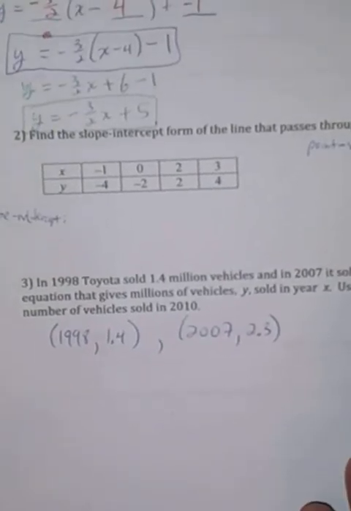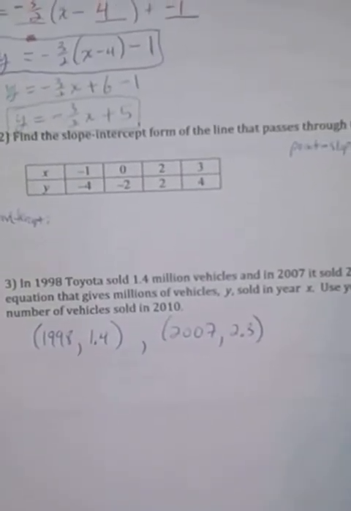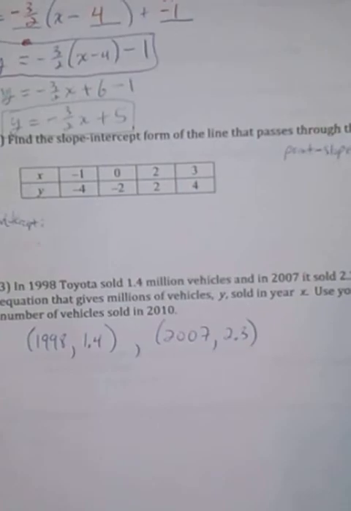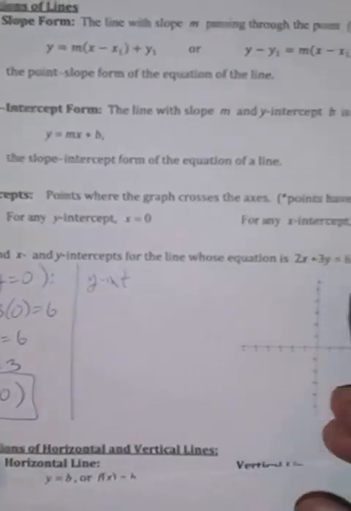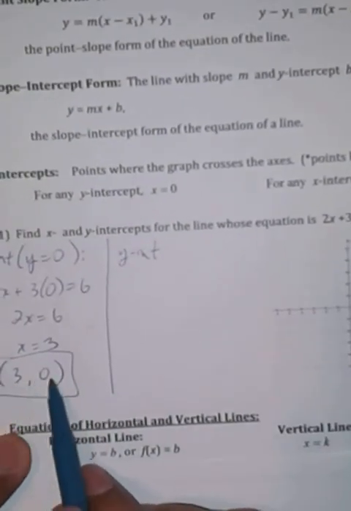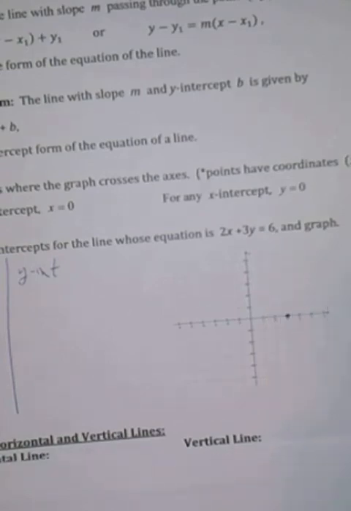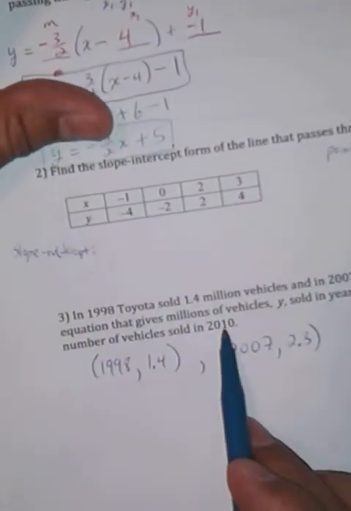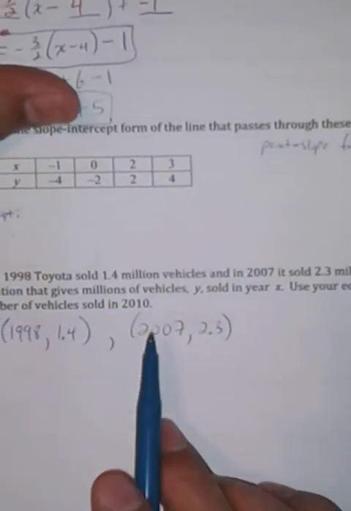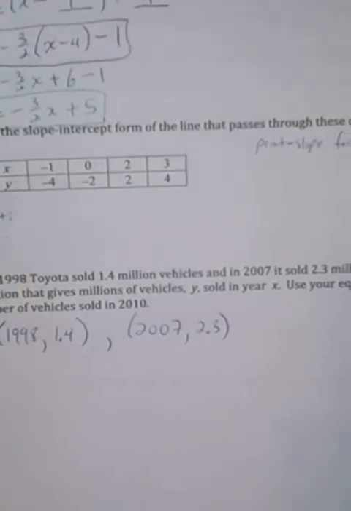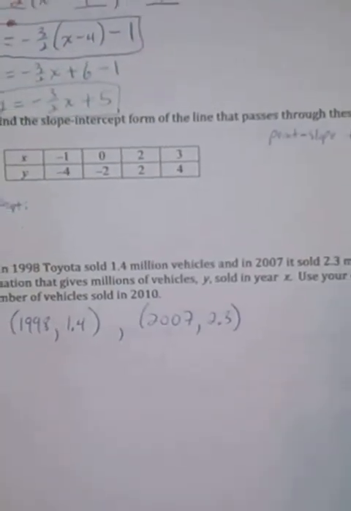Don't forget what we said about the points that the line goes through having to satisfy the equation, like the one over here that we talked about. If we plug in these coordinates, that gives us a true statement. So when we plug in 2010 as the X value into the equation that you find, it has to give you a true statement.